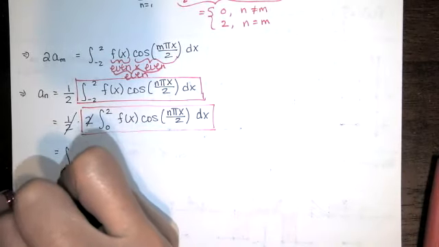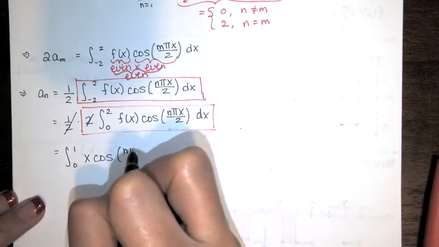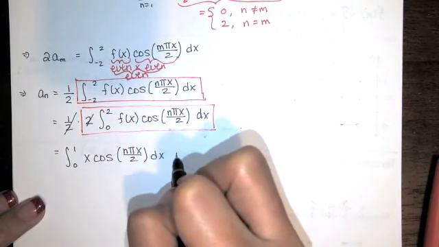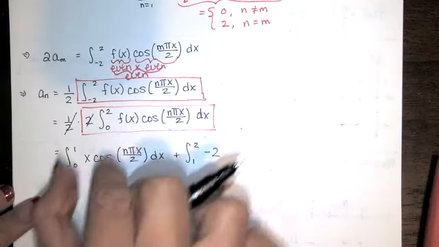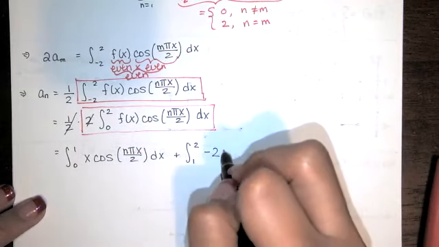Now in the interval from 0 to 1, f of x is equal to x. On the interval from 1 to 2, f is equal to -2. So we're just substituting x in for this interval, and we're substituting -2 in for the next interval.